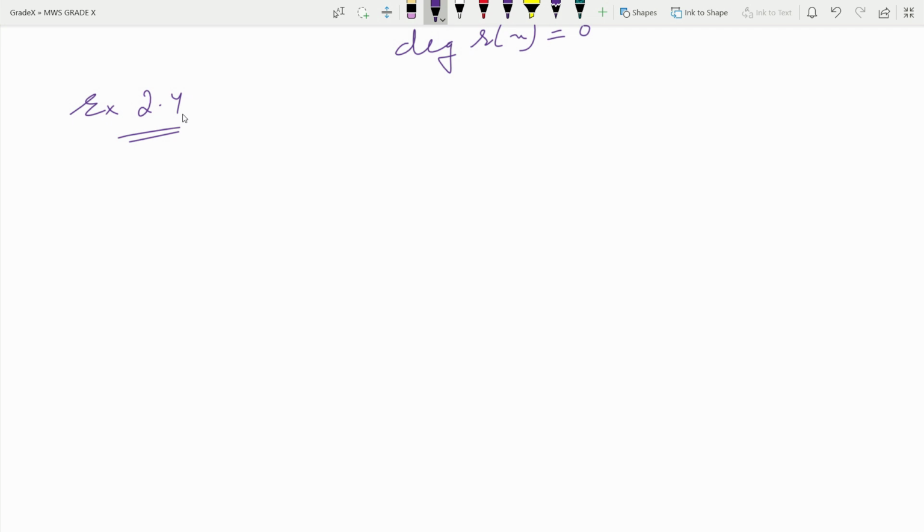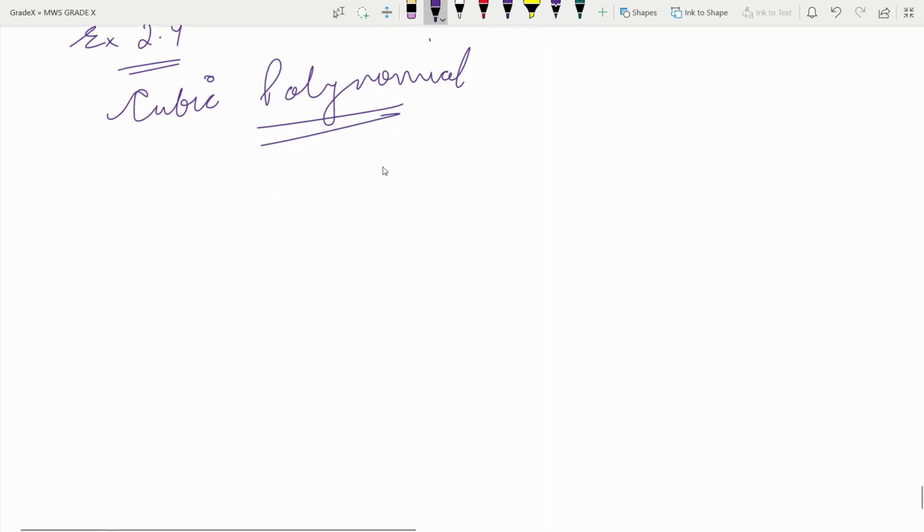So let us start with cubic polynomial. Today our topic is cubic polynomial. The way we have written the verification formula for quadratic polynomial, in the same way we have the formula for cubic polynomial too.